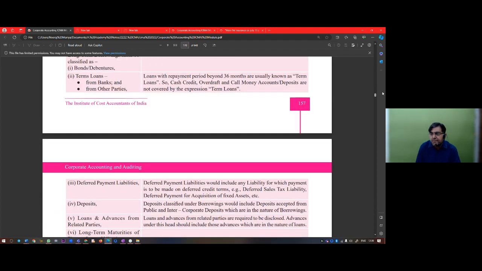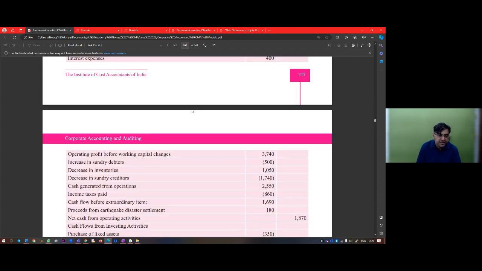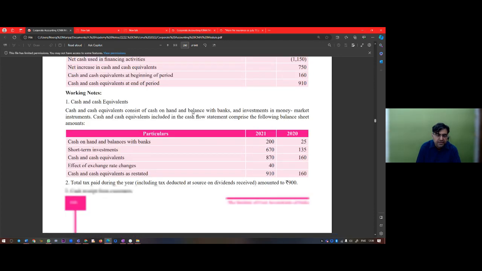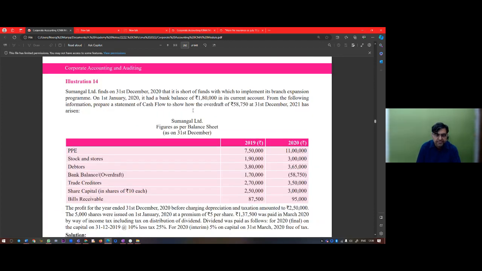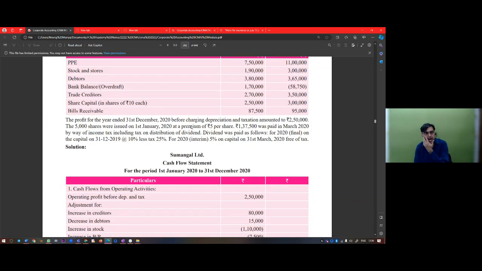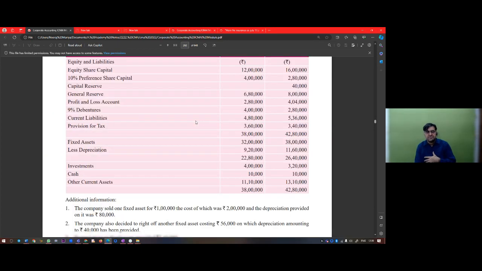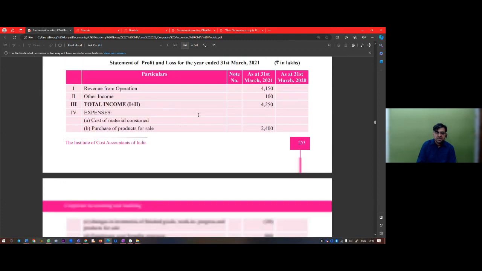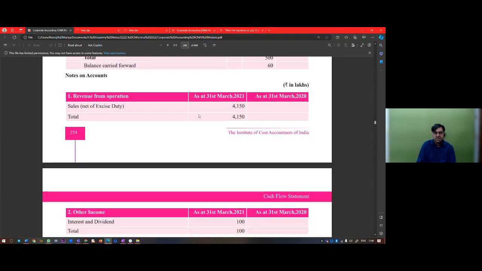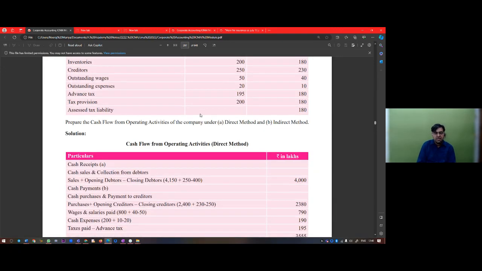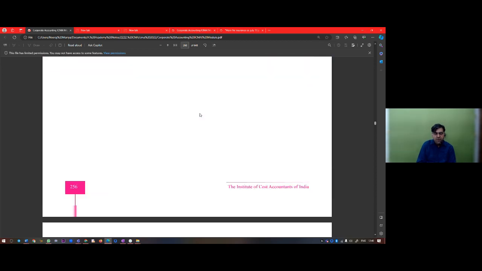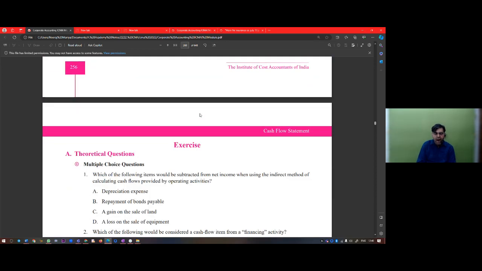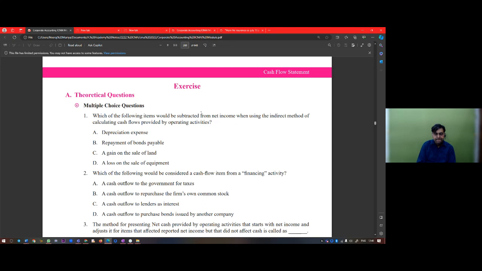Guys, tell me the page number for the cash flow statement. Let's answer this question.